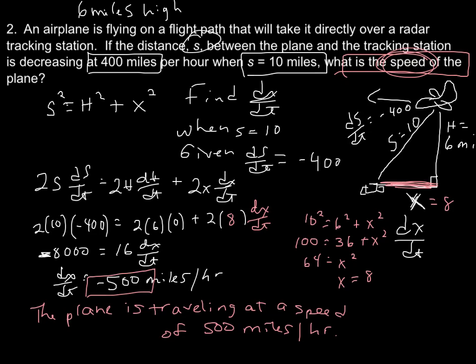But then you're going to get a point for answering it in terms of speed. If you left it just as dx/dt equals negative 500, you're going to end up losing a point or two because you haven't interpreted it and answered the question with that nice little sentence. So be careful with these. All right, let's do one more.